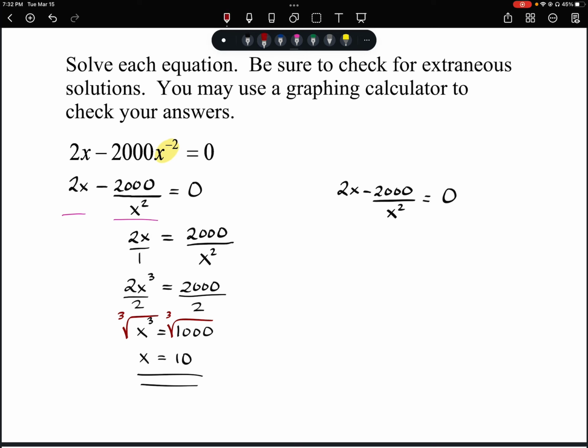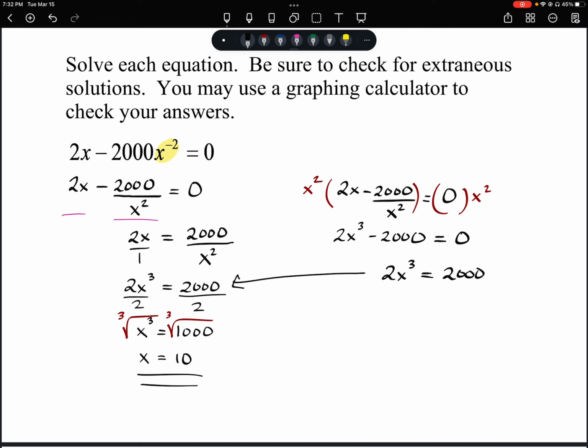If you multiply both sides by the least common denominator, we end up with 2x to the third, and the x squareds cancel out in that second term, so now you have minus 2,000 equals 0. Then when you move your 2,000 over, we're basically back to the same point as with the original method. So there are several ways you can solve most of these equations.